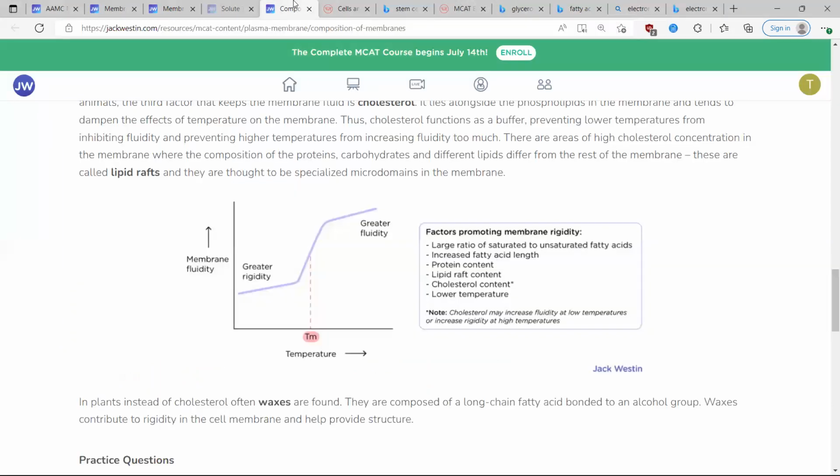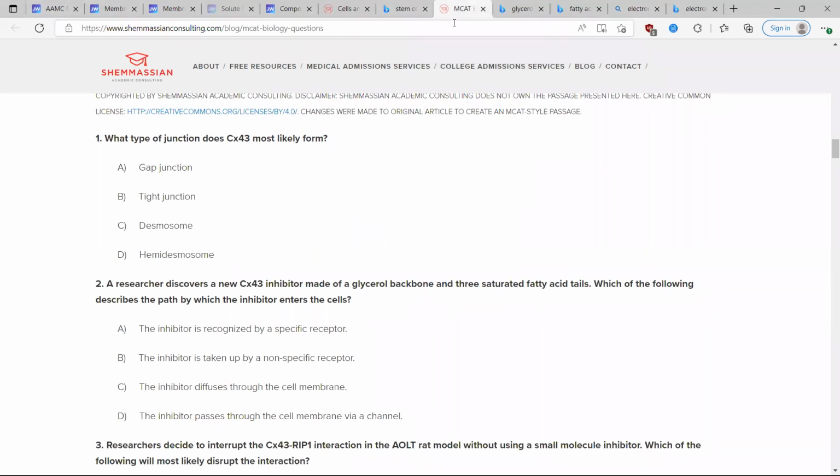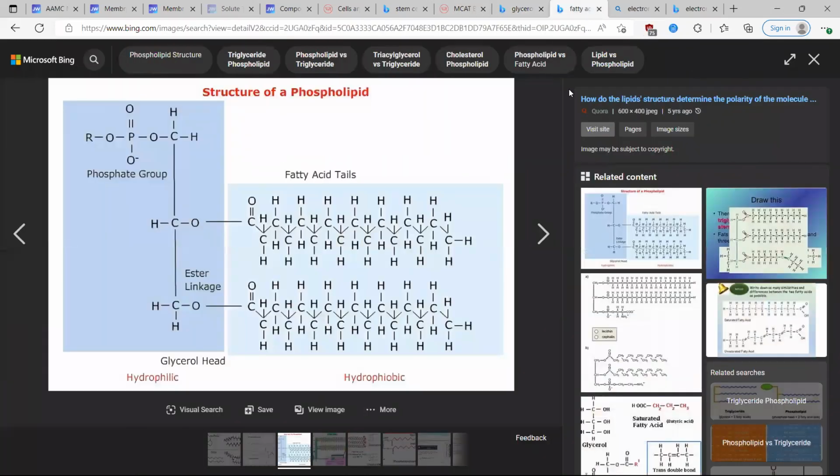Okay, good question. Thank you. So, phospholipid overall charged, so it's polar? Okay, good question. There is no such thing as considering a phospholipid overall, because it has two distinct regions.